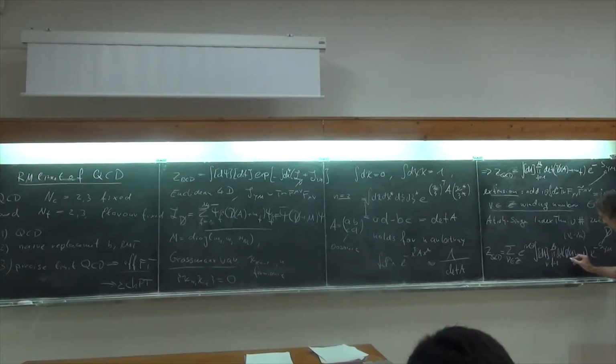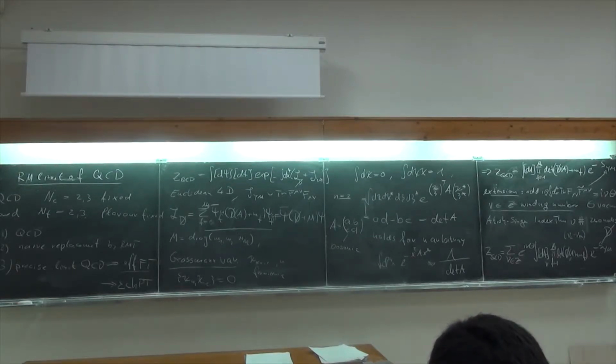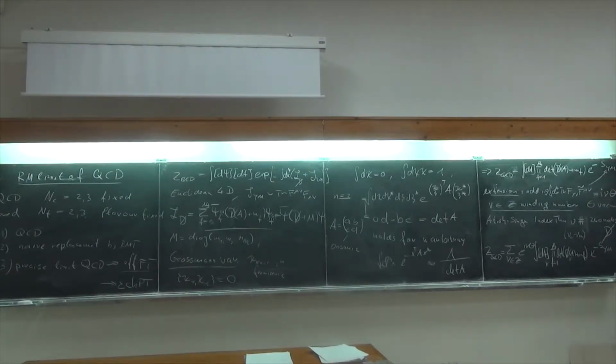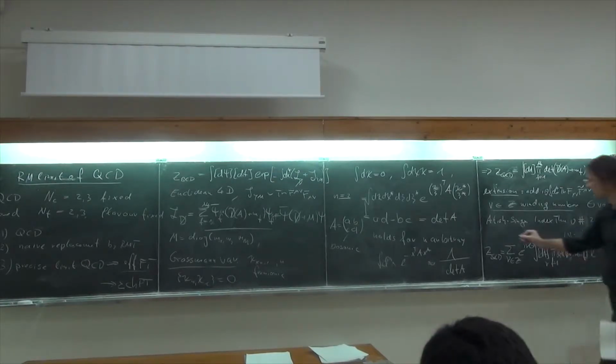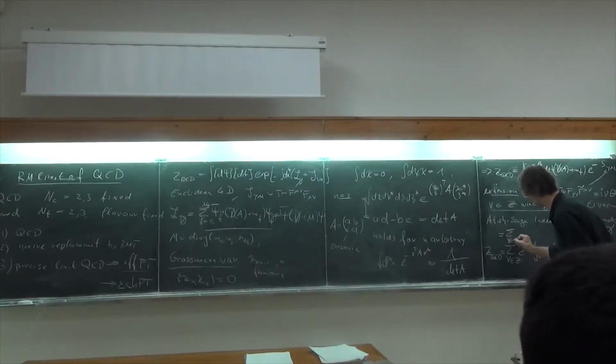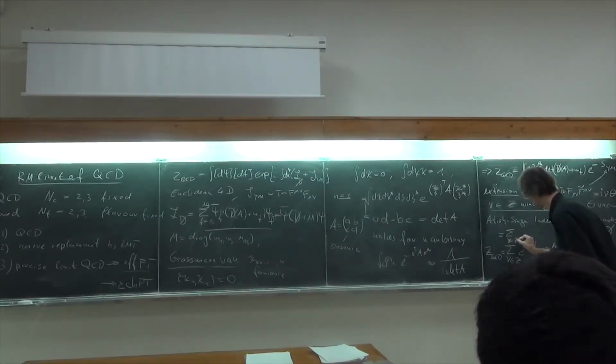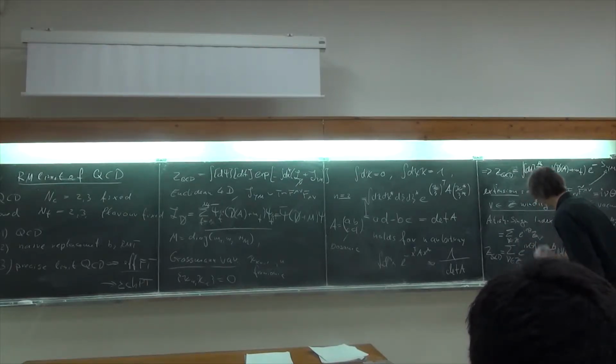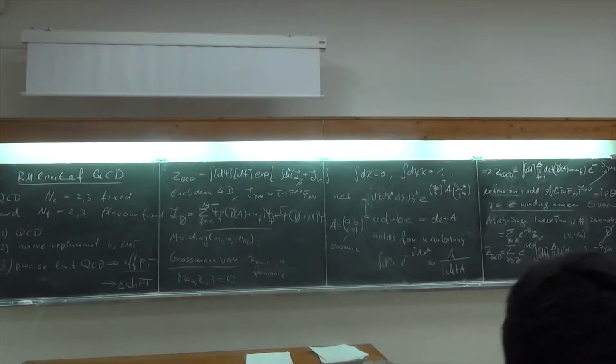So this has a fixed number of 0 modes. So I can also say that this defines just the topological sector, with the e to the i theta mu, Z nu. Okay, so Z nu is this whole thing.